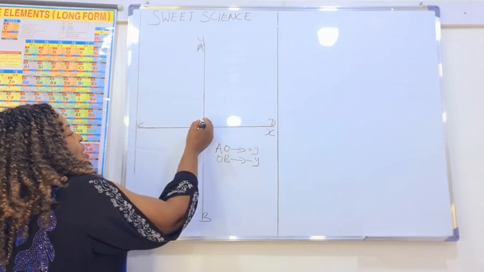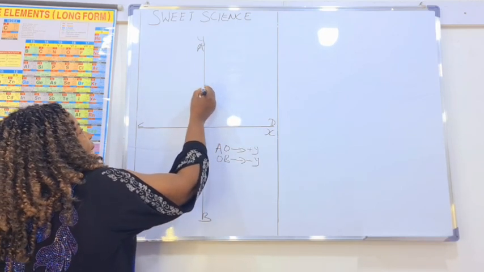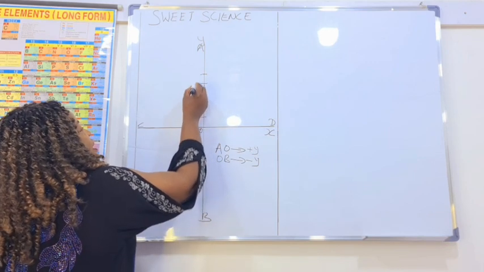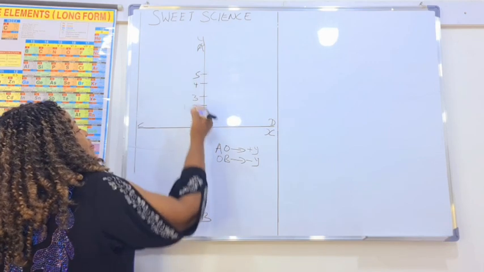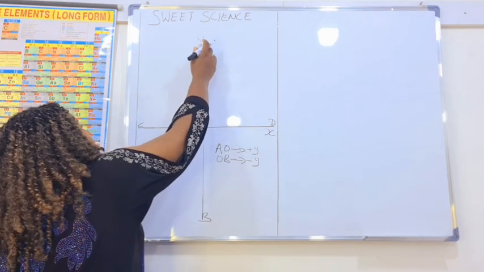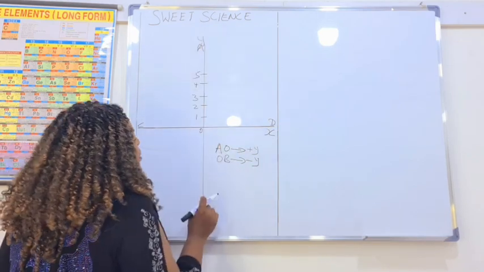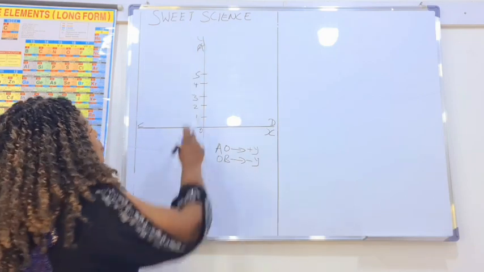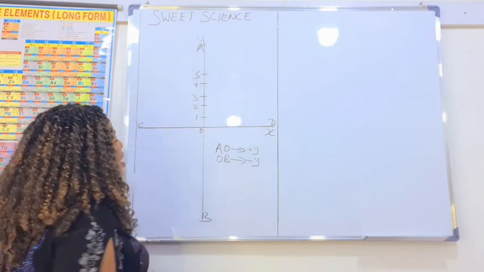Let's do it this way. If we have the lines this way, we have 1, 2, 3, 4, 5 from O to A going up.